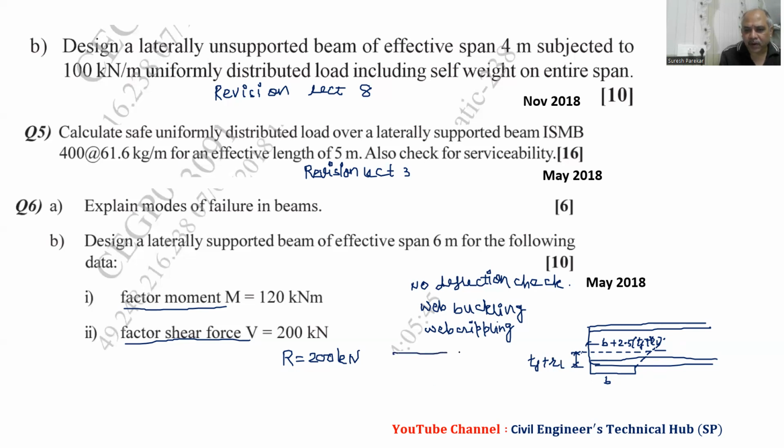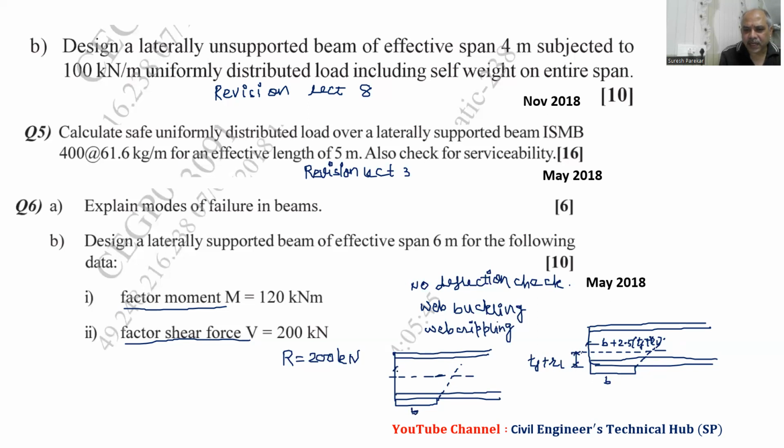And if we go for web buckling, then web buckling is at the center, and then you have to take the dispersion at the center. So now in this, you have this as B.